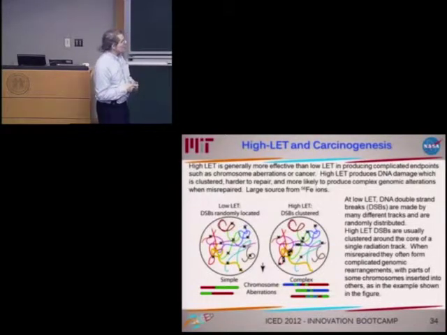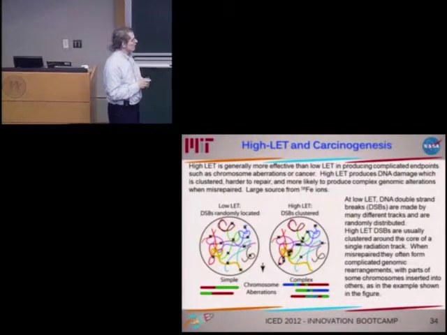Okay, well, what about high LET? I haven't said much directly about that other than to say it's densely ionizing, but what does that mean in terms of the putative carcinogenic lesion? Well, what you see here, in the case of protons and iron nuclei, what one tends to see is highly clustered damage, that the particle takes a more or less straight line track through the cells.